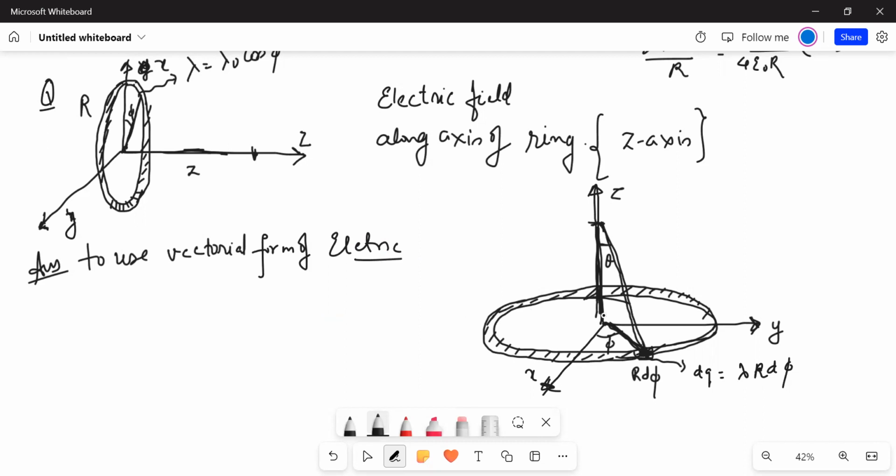So what I'll do, I'll mark some coordinates for this particular differential element.